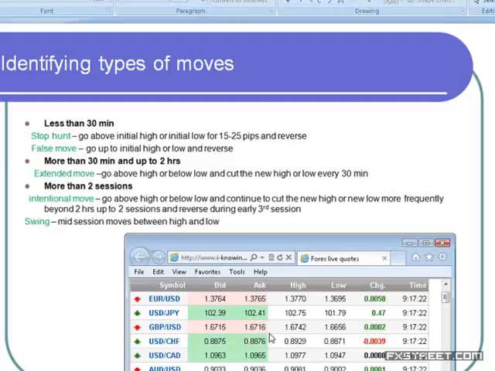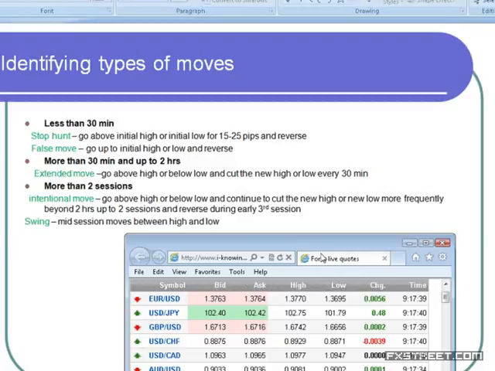Then the swing is the one which they make between the low and the high or new low and the high. That sort of move lasts about 20-30 minutes, or near the high they make a consolidation move, or near the low they make the consolidation move. And they are all referred to as swings. So they always make the extended move as a quick move, and the intentional move will be a slow move. And they alternate the extended move with the intentional move.